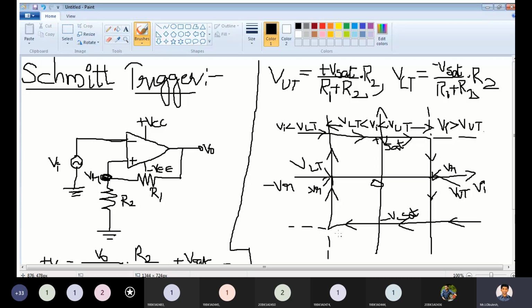It is called hysteresis of Schmitt trigger, or dead band, or dead zone. The difference between upper threshold and lower threshold is called the width of hysteresis, denoted as H.